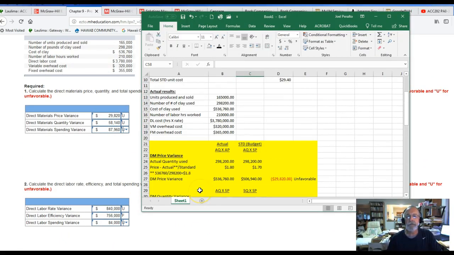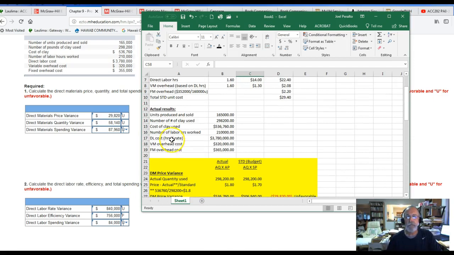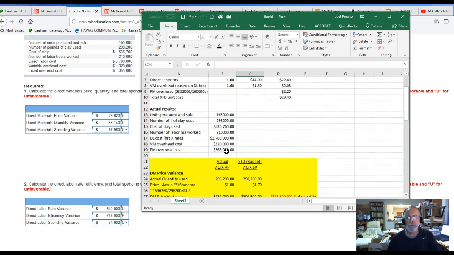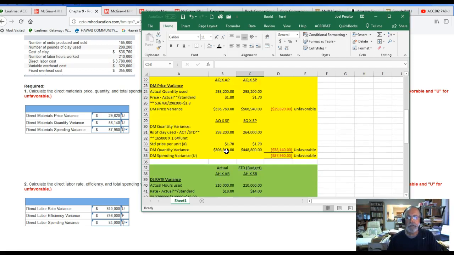The actual hours used, overhead is based on direct labor hours. So number of direct labor hours worked, 210,000. So our overhead hours will be 210,000.